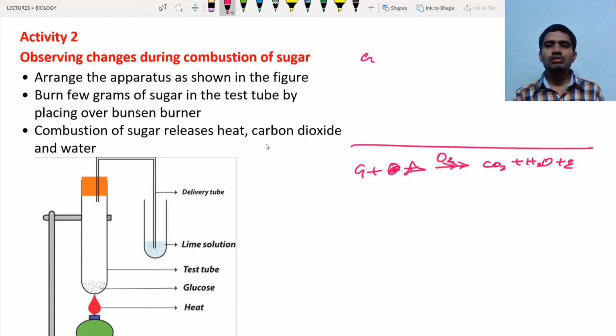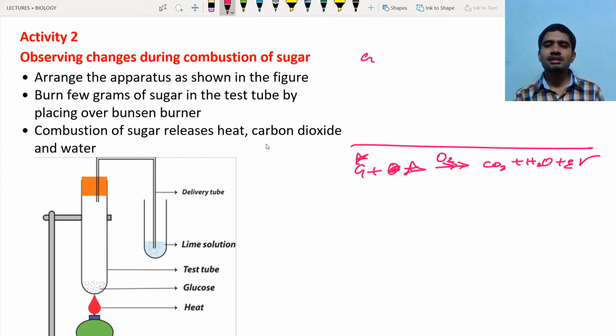Now the question is, does this process also occur in the cells? The answer is yes. The same process occurs in the cells, but it is different. How is it different? Combustion is spontaneous. It occurs at one time, and a huge amount of energy is released at once.